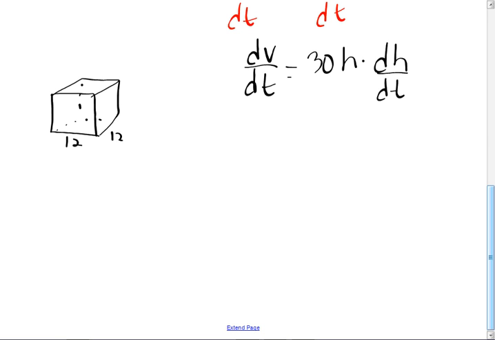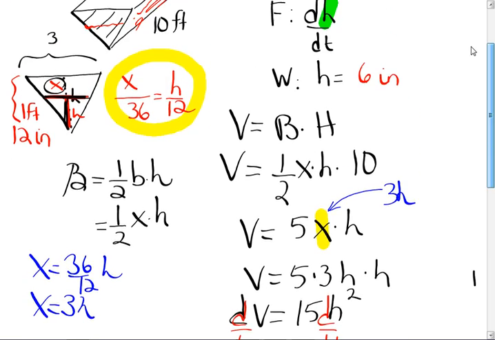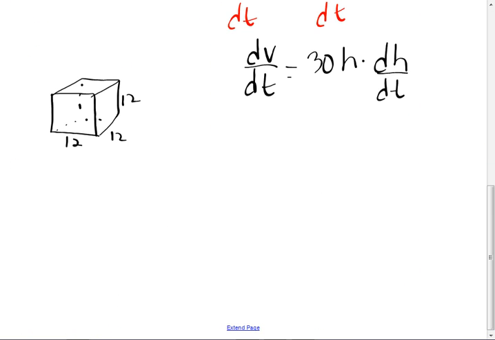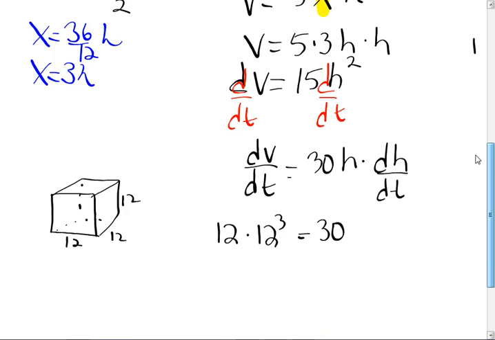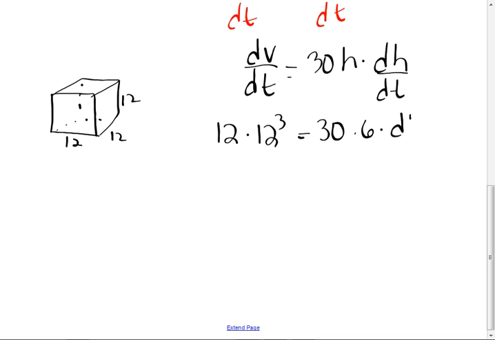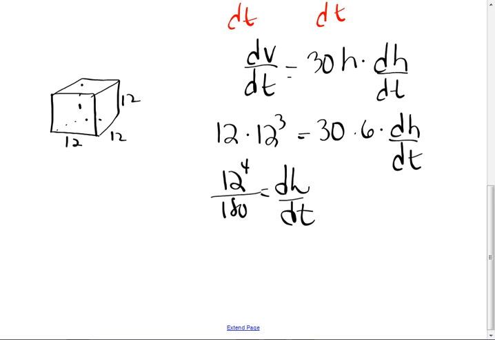So it's 12 times 12 times 12. So how many cubic feet was this? I almost didn't catch that. That's 12 cubic feet. So it's 12 times 12 cubed, or 12 to the fourth, equals 30. And what's H? I'm in inches, right? Times 6 times the dH/dt. So it's 12. Honestly, I would take a calculator out. I could work it out, but it would bother you.